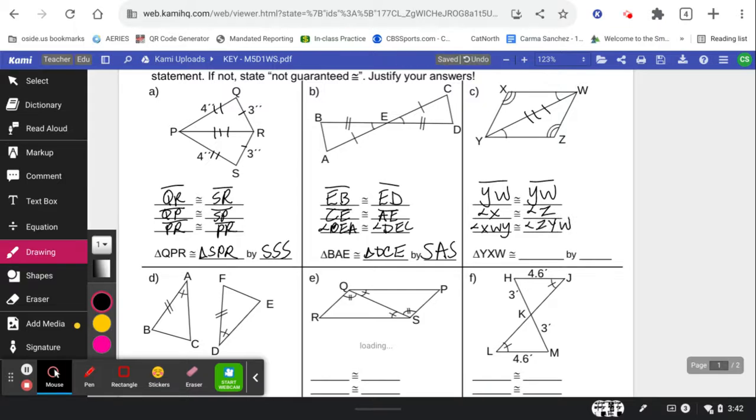Notice that we could say these letters in different orders, and there's a couple different variations. This is going to be congruent by angle, angle, side, or side, angle, angle. Those both work depending on which way you wrote it. And so triangle YXW is congruent to triangle WZY.